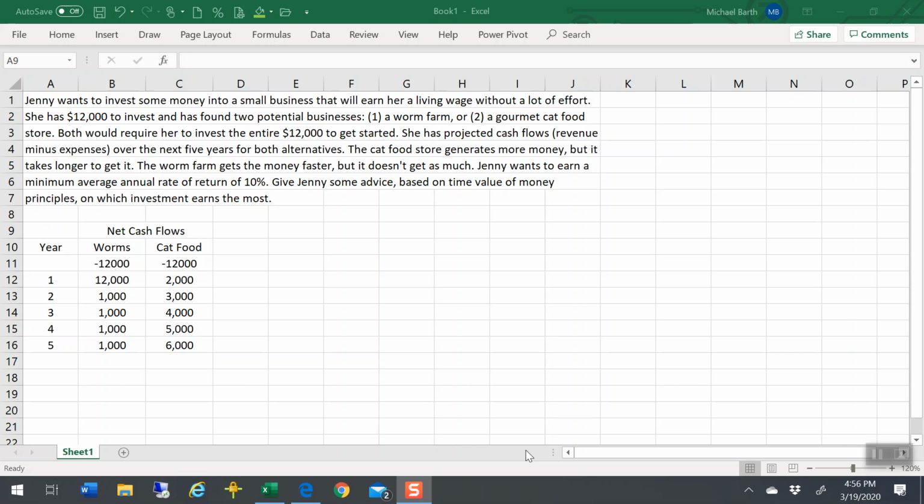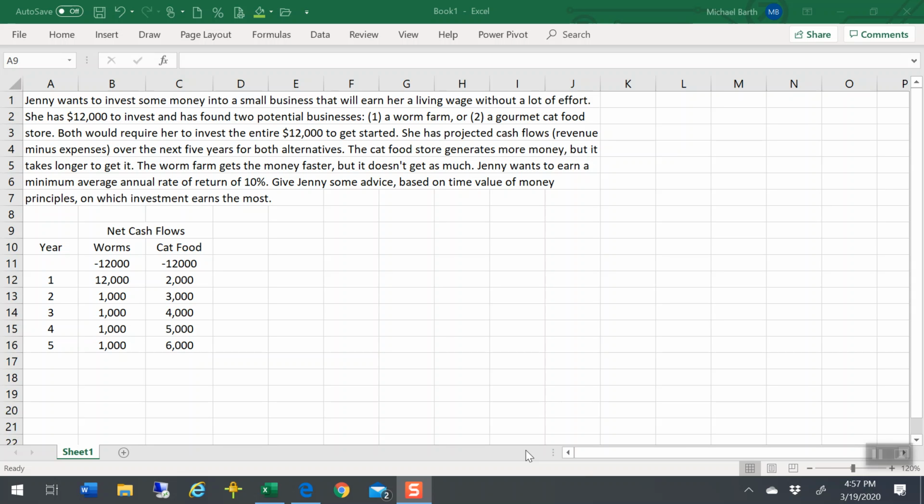Both investments would require the entire $12,000 to get started, but the cash flows coming in are different. She used her financial acumen that she developed in BADM 321 to forecast cash flows in years 1, 2, 3, 4, and 5 for both investments, basically cash revenues minus cash expenses.